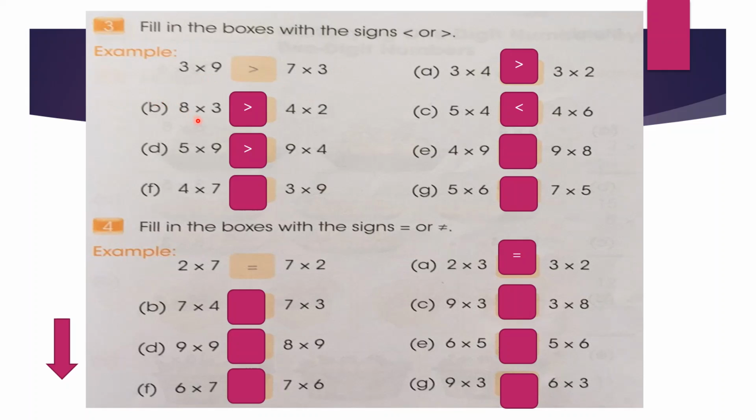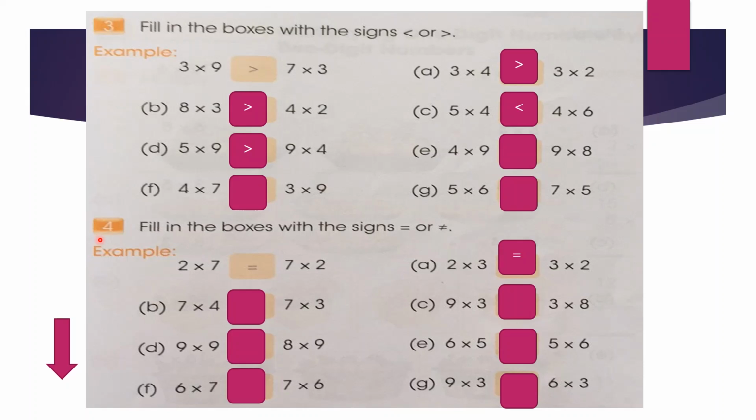Letter B. 8 times 3 is greater than 4 times 2. Why? I'll give the answer. 8 times 3 is 24 and 4 times 2 is 8. So 24 is greater than 8. So from C we have the answer, and also letter D. So you're going to give the answer up to letter G.